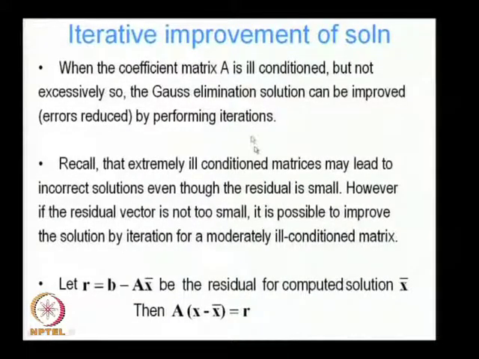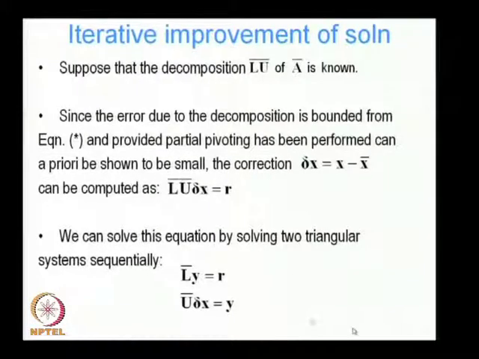We have A (x minus x bar) is equal to R, where x minus x bar we have defined as del x, and A we are replacing by its LU decomposition. So, we get L bar U bar del x is equal to R.